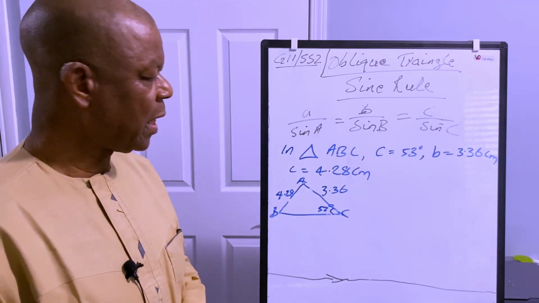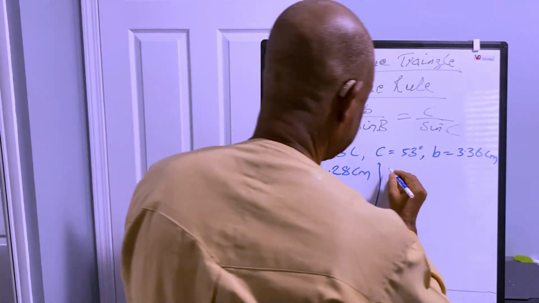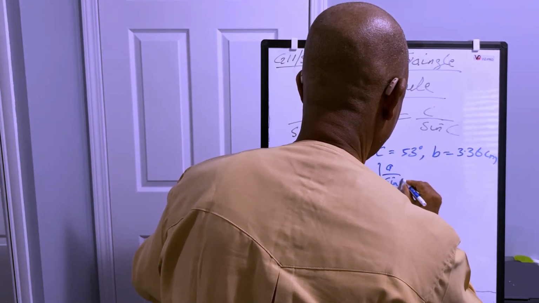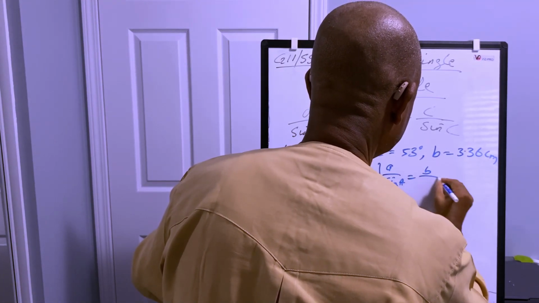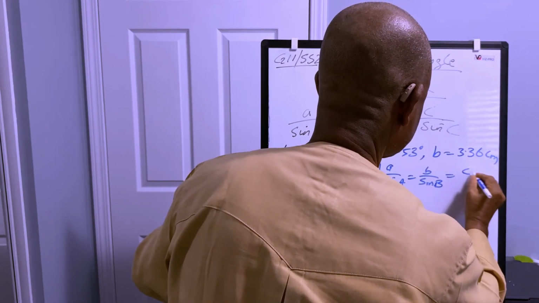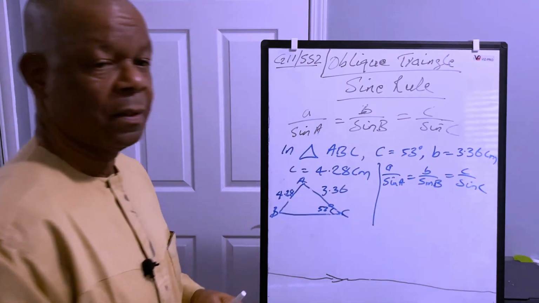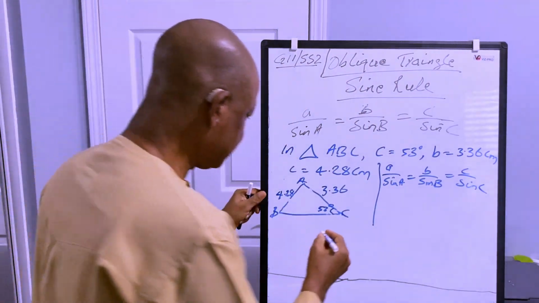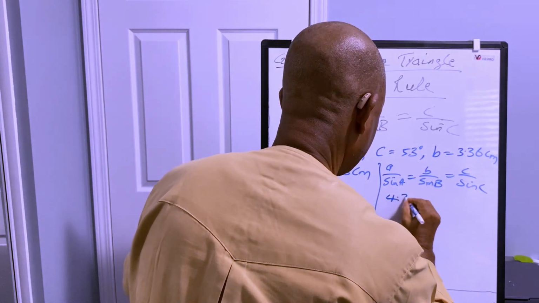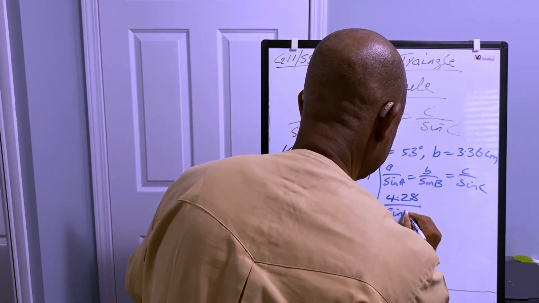We now produce our formula by saying, in solving this, that a over sine A equals b over sine B equals c over sine C. We now pick this, we have 4.28 over sine 53 degrees.